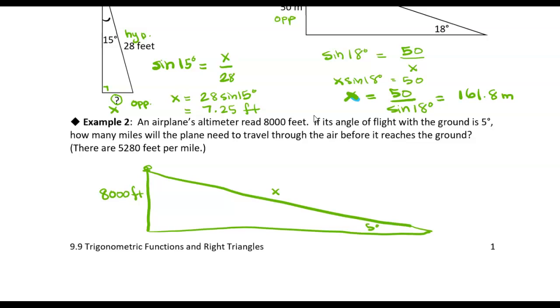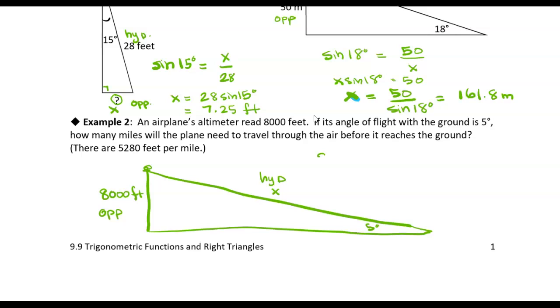Again, we have an angle and a couple of sides, so we can use trigonometry to figure this out. We're given the opposite side, and we want to find the hypotenuse. Opposite and hypotenuse should tell you to use sine.